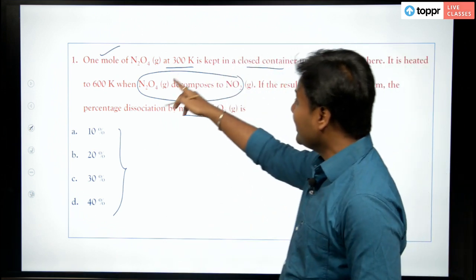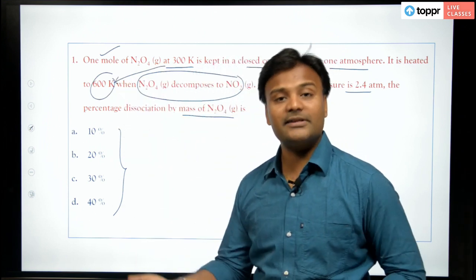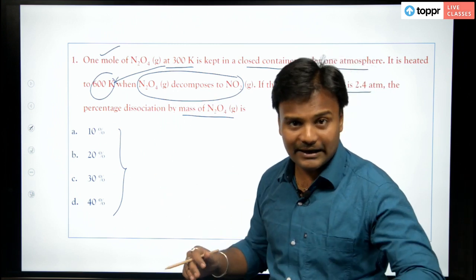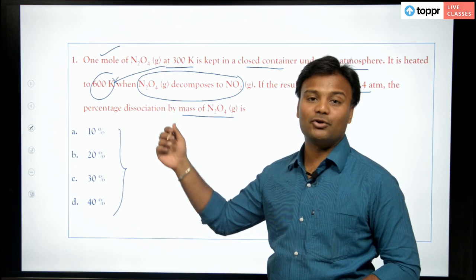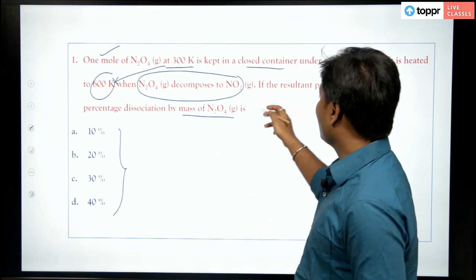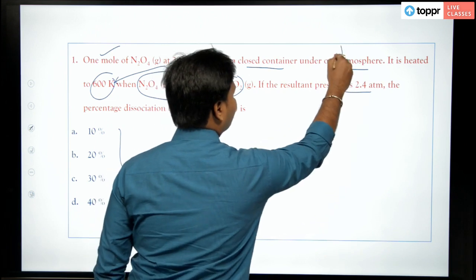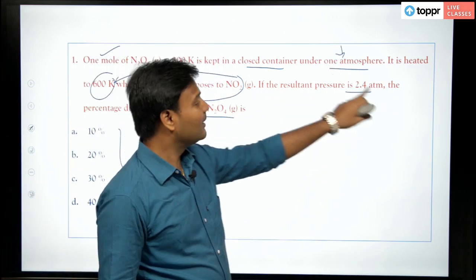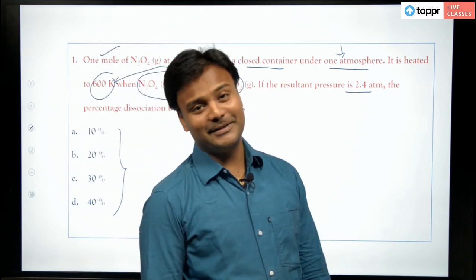So when it is heated from 300 to 600 kelvins, what is happening? It is decomposing. At 300 kelvins there is no decomposition, but once the temperature is increased, there is decomposition in a closed container. So what you need to find out: the pressure is 1 atmosphere, and if the resultant pressure is 2.4 atmosphere, how much percentage has been dissociated?